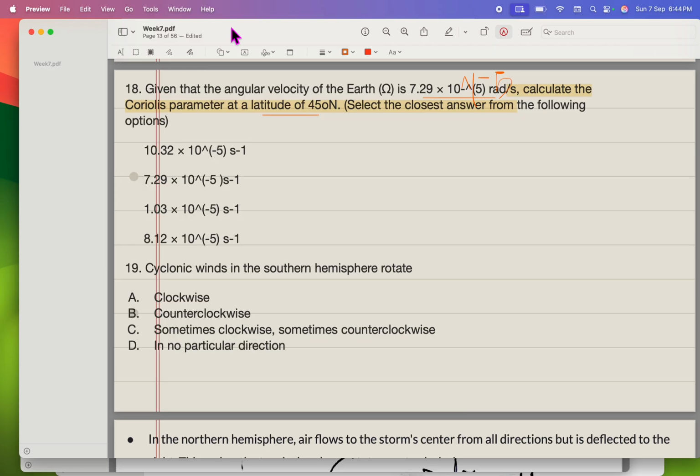Given the angular velocity of Earth is 7.29 times 10 to the power minus 5, find the Coriolis parameter at latitude 50 degree north. We have not discussed the Coriolis effect derivation on Earth.